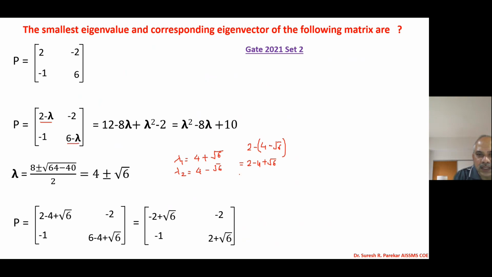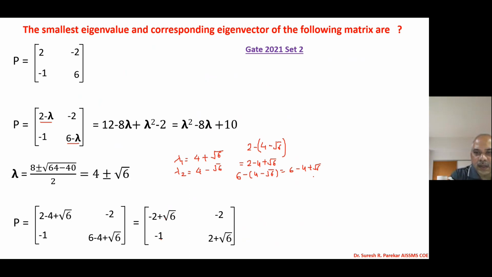Similarly for 6 minus lambda, 6 minus 4 minus root 6, so 6 minus 4 plus root 6. So we have minus 2 plus root 6, minus 2, minus 1, 2 plus root 6.